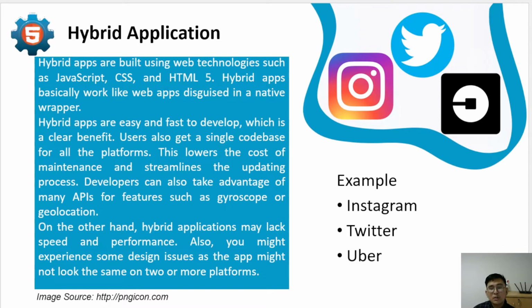It also uses the advantage of many APIs provided by Google or any kind of huge company or service in order to deliver features such as a gyroscope or geolocation, which today has become one of the data needed in a lot of services.